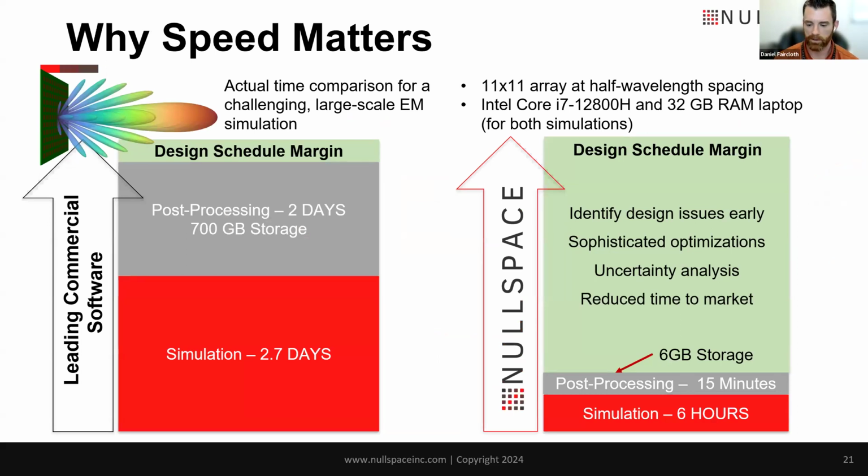And going along with that, one of the primary motivations all along with developing Nullspace was striking the balance between speed and accuracy. A very fast simulation tool that gives poor accuracy results is not any good. And on the other extreme, a very accurate simulation tool that's very slow is also not very useful.